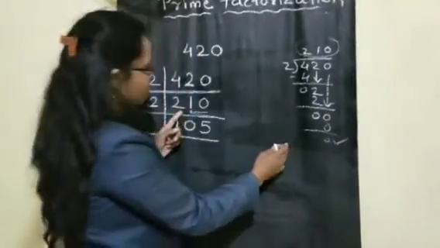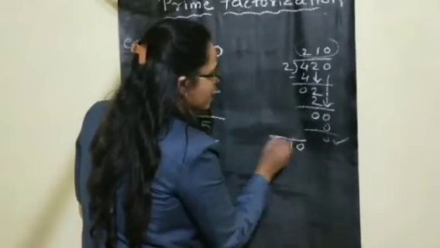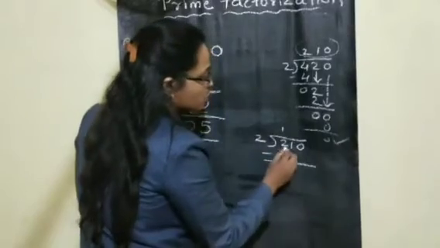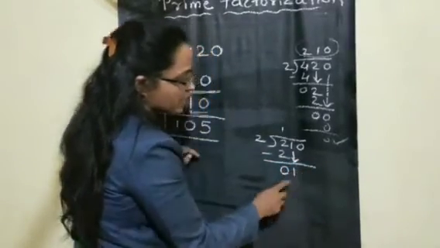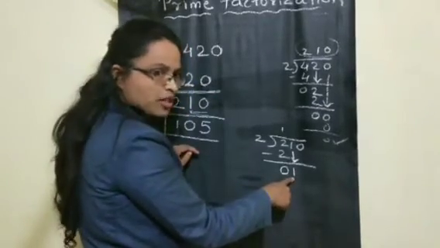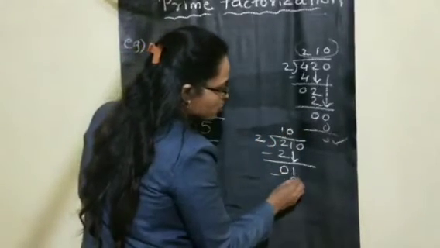So now we are dividing 210 by 2, children. 2 1s are 2. 2 minus 2 is 0. Then take the next number down, that is 1. Can you divide a single digit number like 1? No, 1 is a smaller number. So first you do 2 zeros are 0. Why are we doing this?